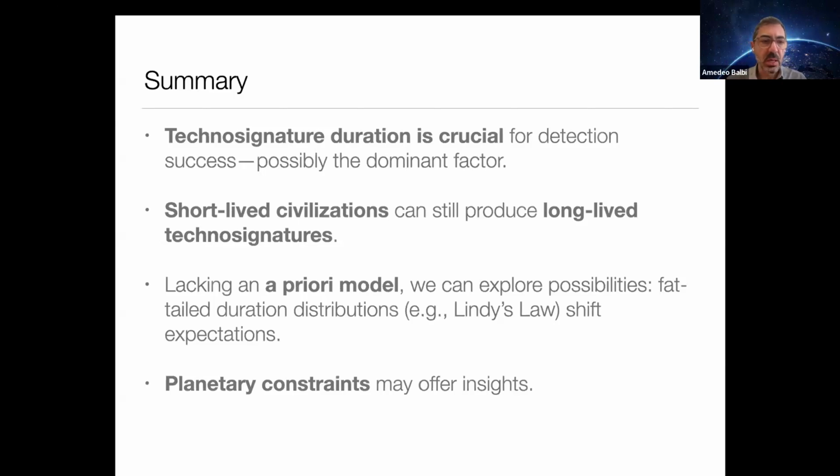good constraints. One problem is that, as I showed before, it is not clear at all, and actually is probably not true, that the longevity of organisms and species or biological entities is the same as something more abstract like a civilization, for example, and even less for technologies.